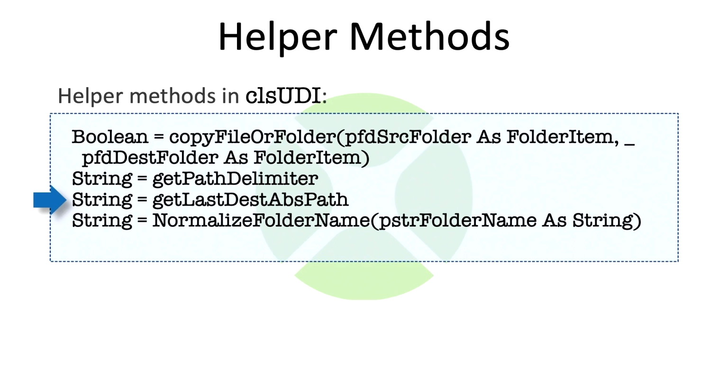Get last destination absolute path, where whatever you last copied, if you want to know where did that actually go, that's what you call. And then normalizing it basically makes sure that the path is a fully formed path the correct way. But these are just used internally. It's not a big deal.